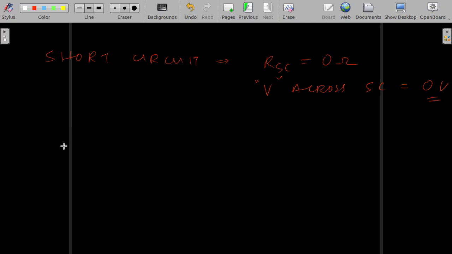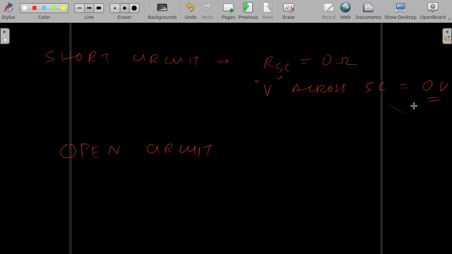The next thing is open circuit. Actually, it is not that way, it is the other way. When there is no resistance, no voltage will be dropped. Sorry, I just mentioned it the other way. Because there is no resistance, there won't be any voltage dropped across it. But I just said that there won't be any resistance because there is no voltage, because that is the way we identify sometimes.